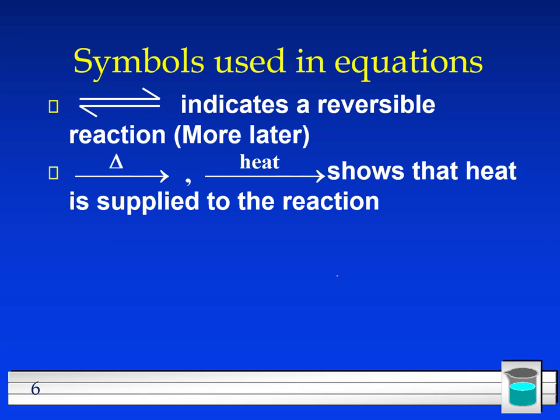Sometimes they will put a triangle on top of the arrow. Sometimes they'll write the word heat. Either one of those is telling you that for this reaction to happen, you have to apply heat. And if you stop applying heat, it's going to stop happening.